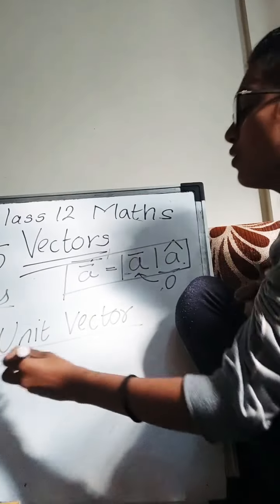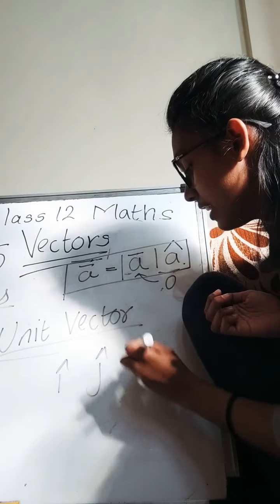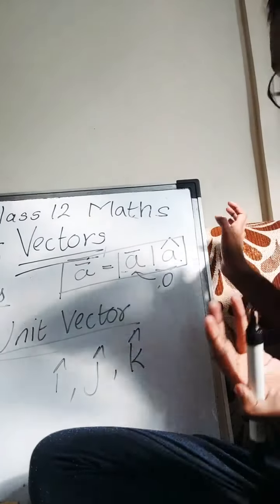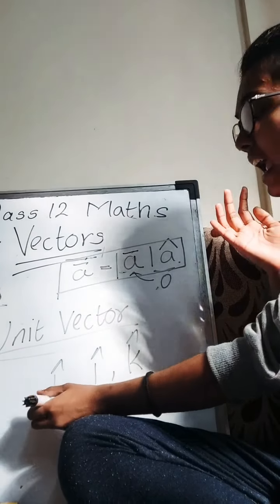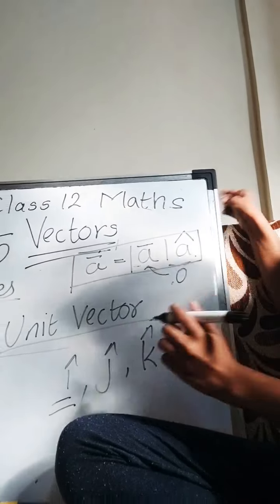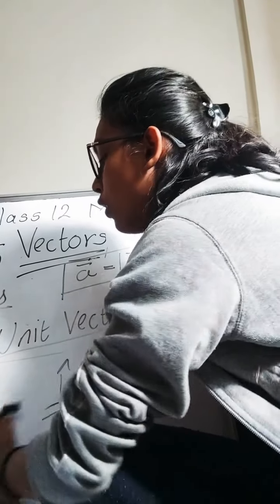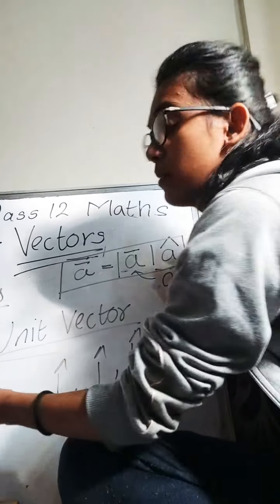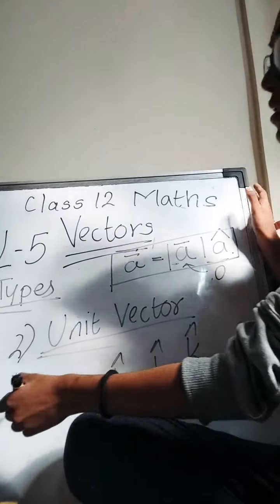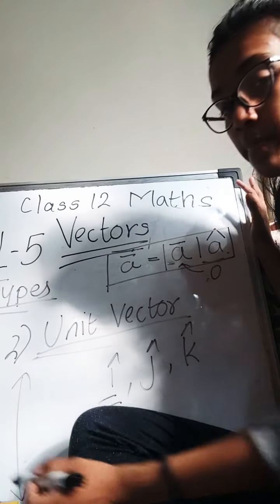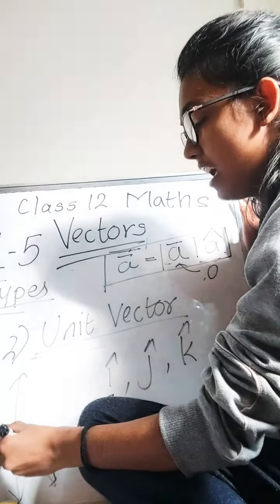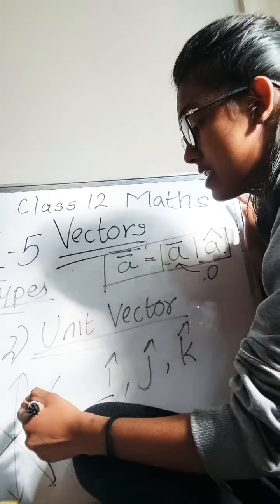And let me also tell you one thing. You will see these vectors in this chapter many times. So what do these mean? I cap is nothing but the unit vector in x direction. You know all those axes, right? Suppose this is your z axis, this is your x axis, and this is your y axis.